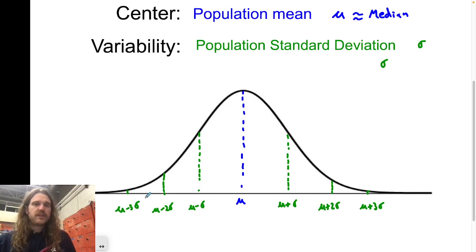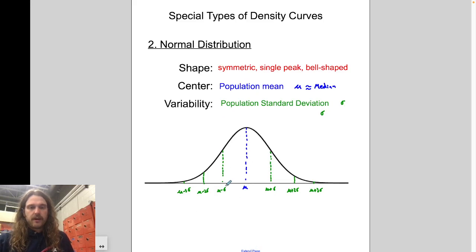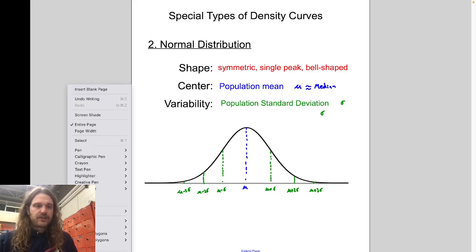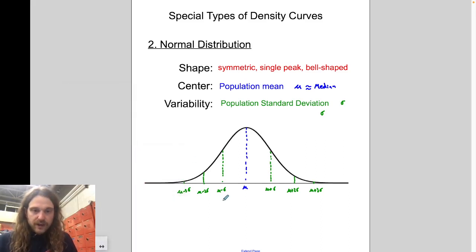The reason we're doing this is that there's a really important rule about normal distributions. Normal distributions have this amazing characteristic where roughly 68% of the distribution is held within 1 standard deviation of the mean.